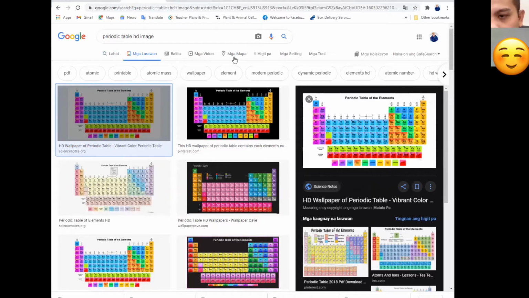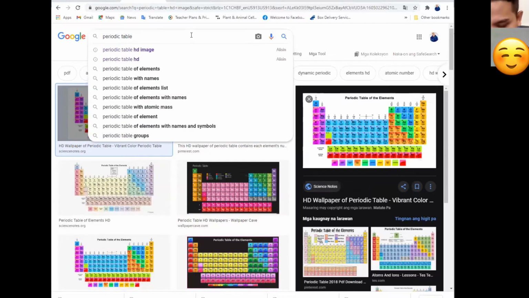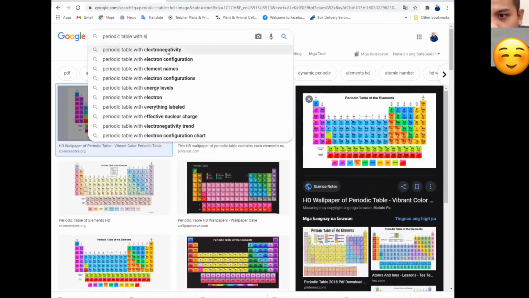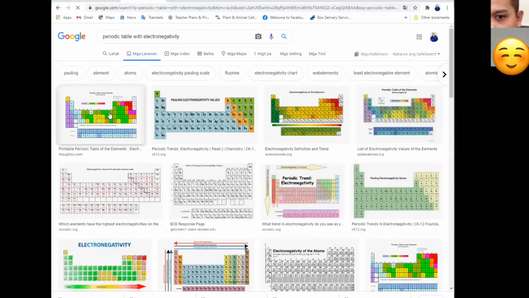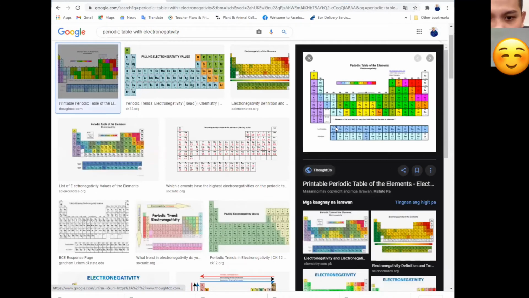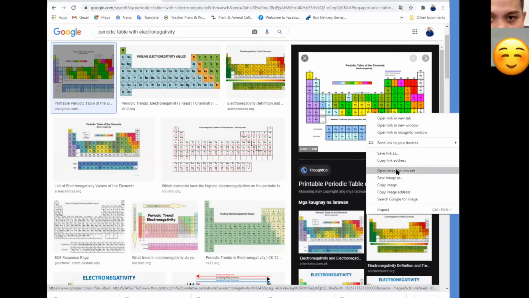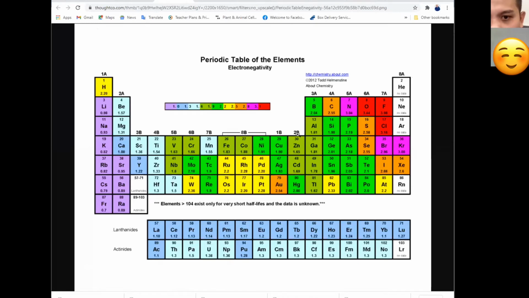Just one moment. Okay, here Jada, this is a periodic table. I hope you're seeing this one right now, right? Yeah. Okay, periodic table of the elements with electronegativity.